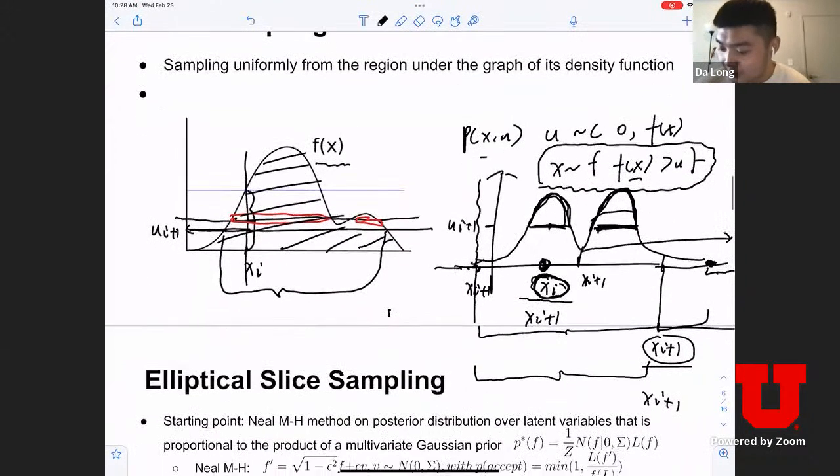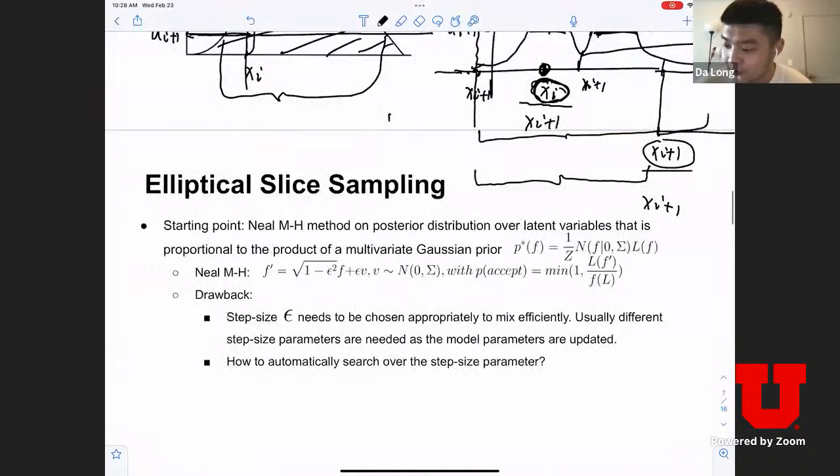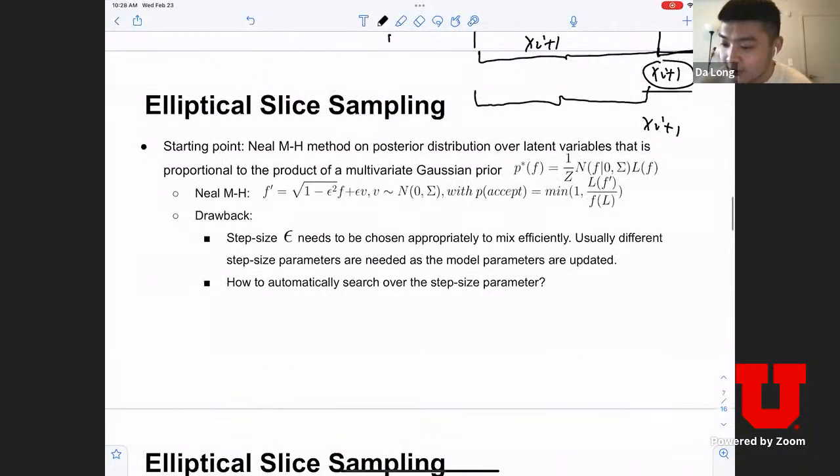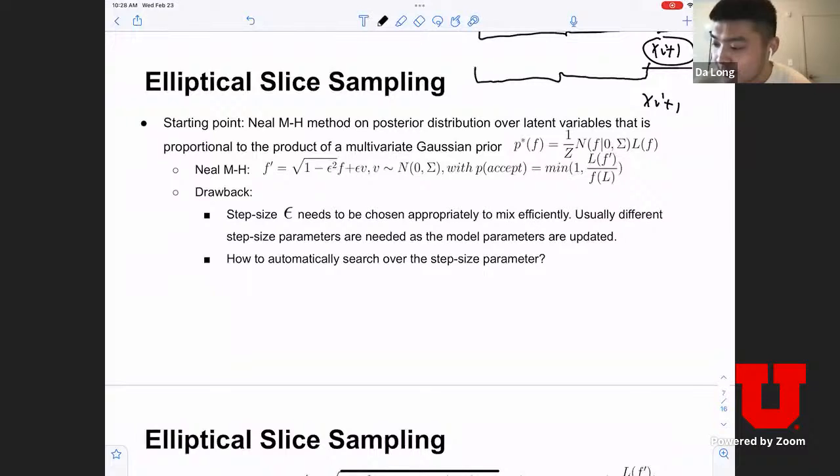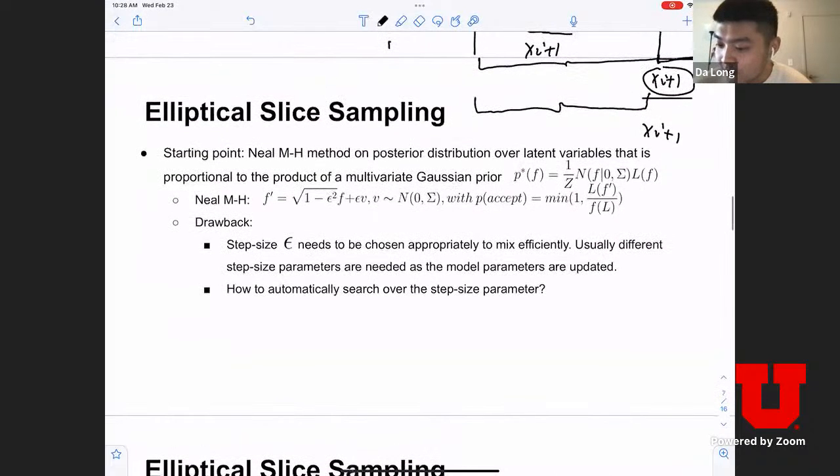Okay, so let's continue. So now is the elliptical slice sampling. Before we get started, I just want to say the elliptical slice sampling is actually just used to do sampling from a kind of distribution.